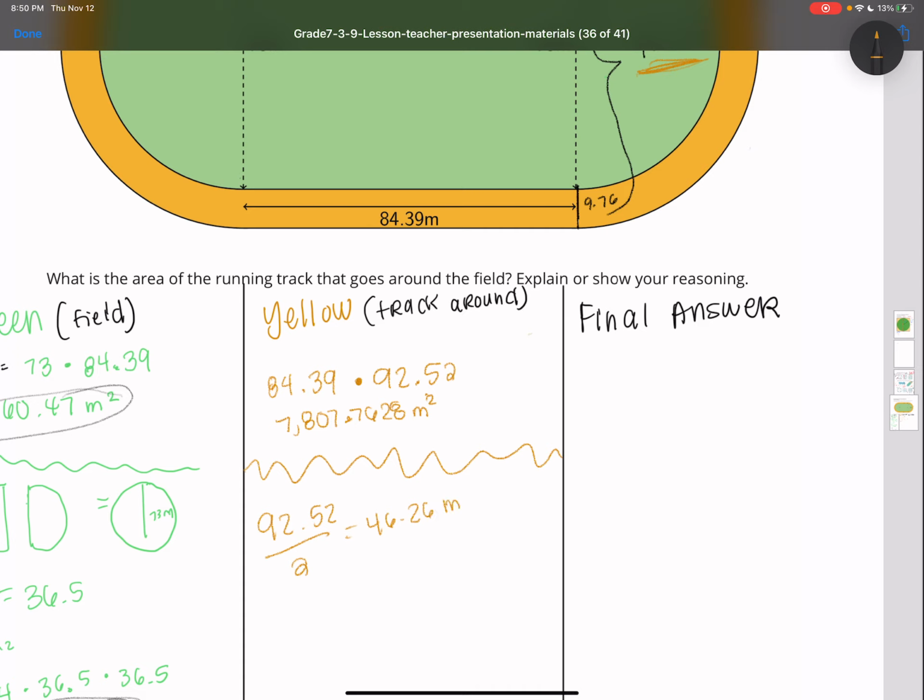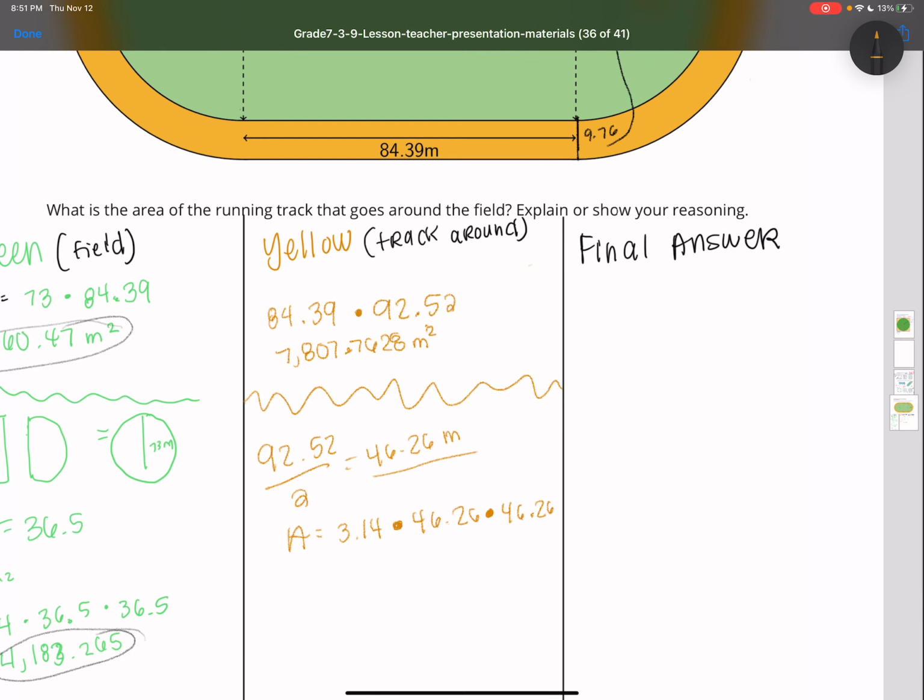This is meters. So I want to take this value and plug it in. So area is equal to 3.14 times 46.26 times 46.26, which are 46 and 26 hundredths. I'm going to exaggerate my multiplication symbols so you know it's multiplication and don't think that it's an extra decimal. So I'm going to multiply that.